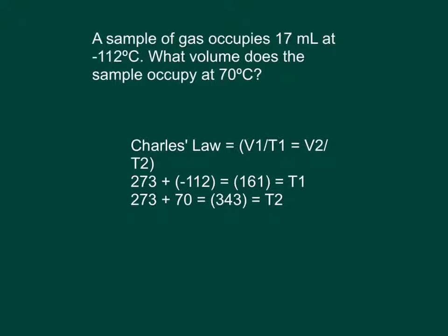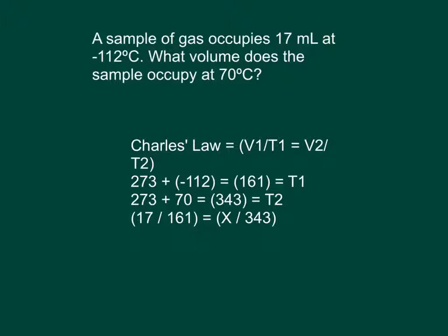Okay, so now let's set it up. So 17 divided by 161 equals, so we don't know what our final volume is, so that's going to be our variable, x divided by 343. Okay, so now we're going to solve for this.